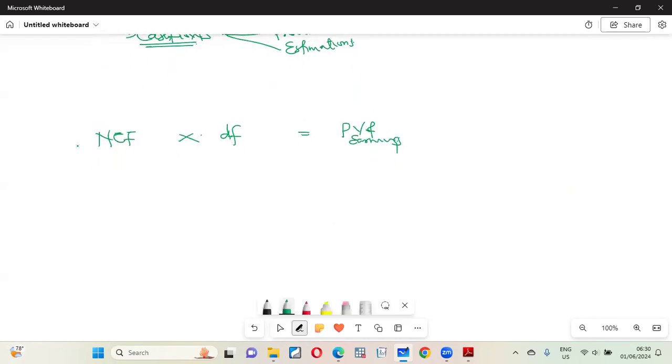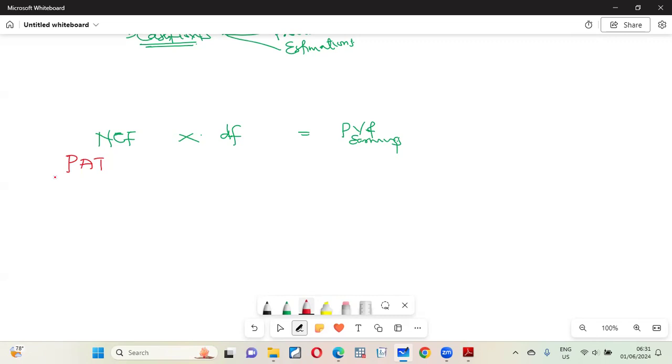Now, what is net cash flow? Net cash flow is actually your profit after tax. As an accountant, you know how you get to land at your profit after tax. Sales, less cost of sales, then less operating expenses. You add investment income, less finance cost, then you tax it.